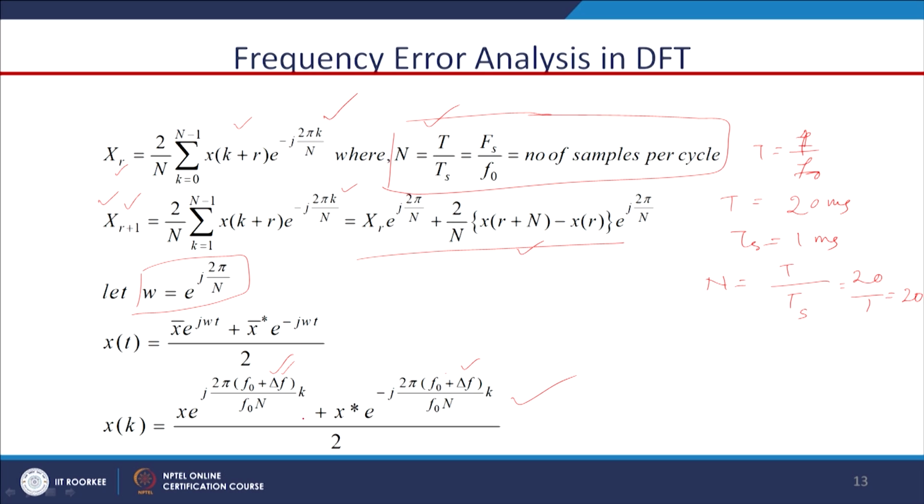So obviously the magnitude of this particular x of r plus 1, and also the phase angle, are going to be affected, because the frequency has deviated from the nominal value.